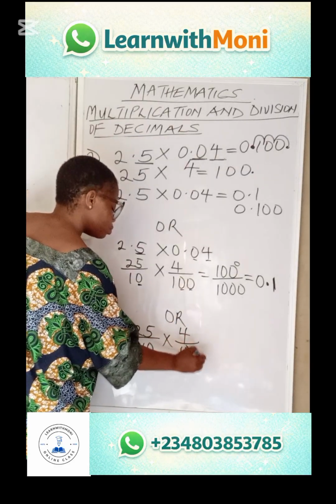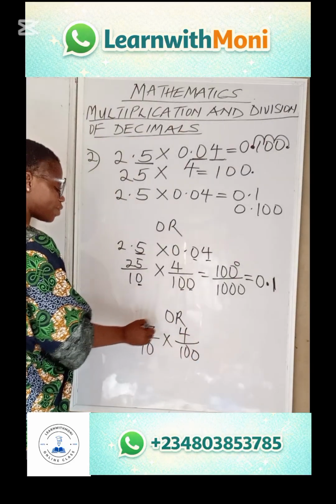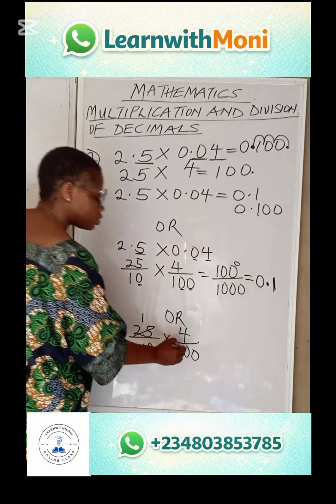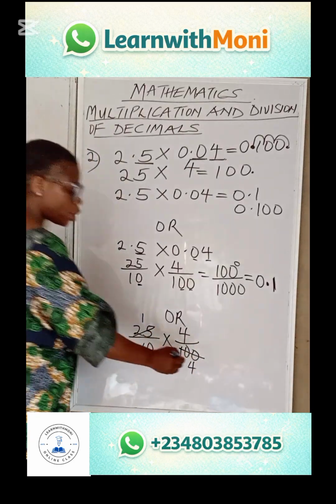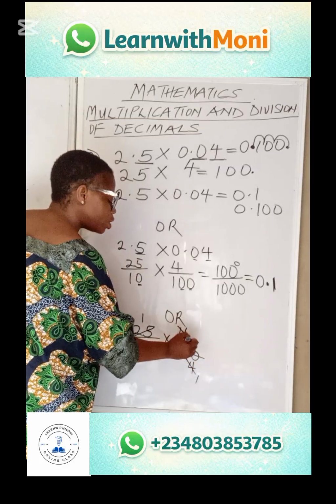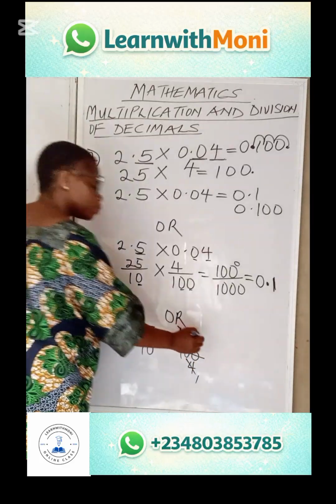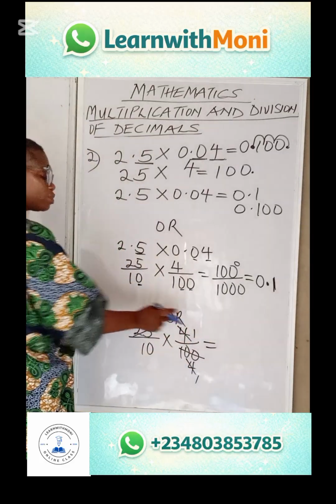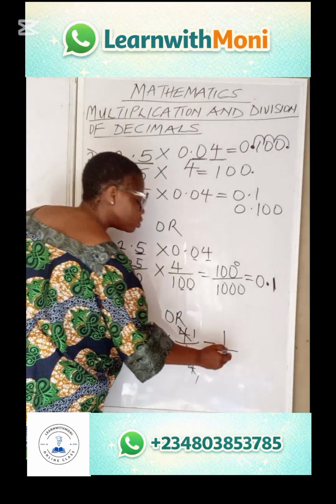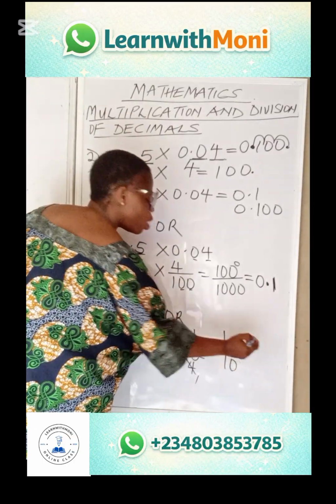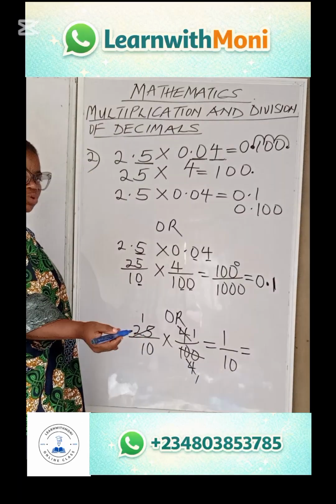Let's see. 25 divides 25 once. 25 divides 100 4 times. 4 divides 4 once. 4 divides 4 once. So I have ended up with 1 times 1, 1 over 10 times 1, 10. 1 over 10, that is 0.1.